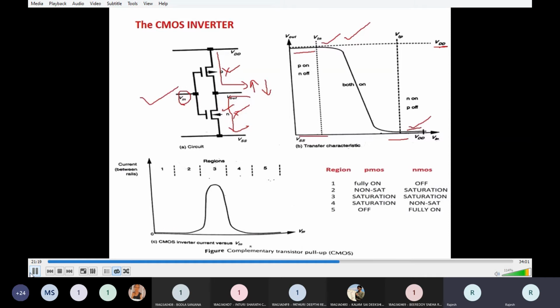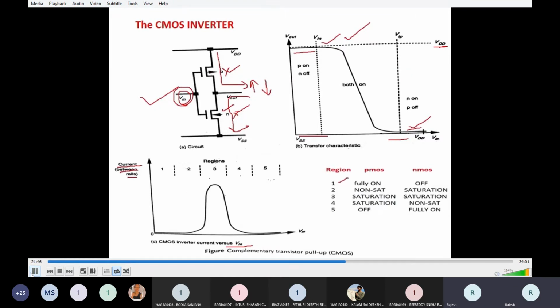And if you observe the current, the current between the supply rails, VDD and VSS being called the supply rails, versus input, if we draw the input versus current, then we will get this type of curve. The CMOS inverter can operate in 5 distinct regions.